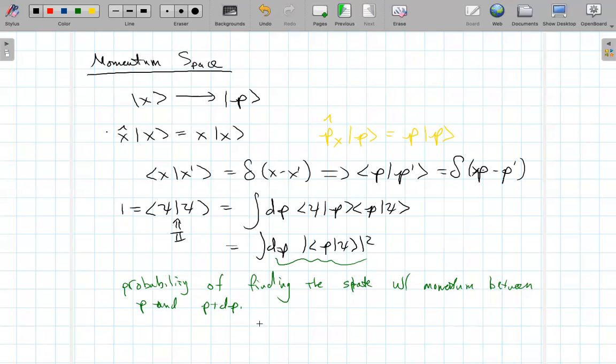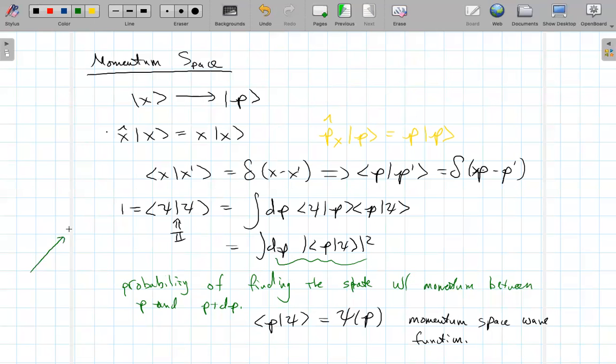We also have that the inner product between momentum and psi is then equal to the momentum wave function. So we're going to define it this way: psi of P. This is what's known as the momentum space wave function. So just the equivalent of psi of X with P. So again, all this means is that this is the state projected onto the momentum basis.